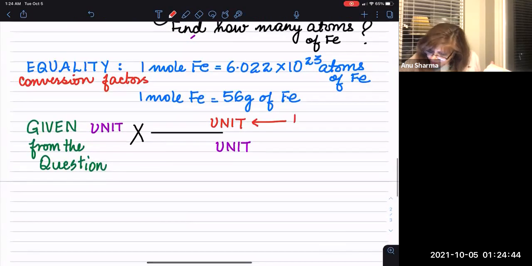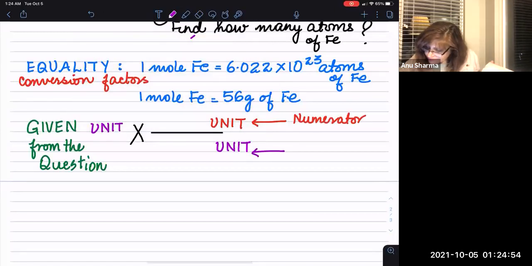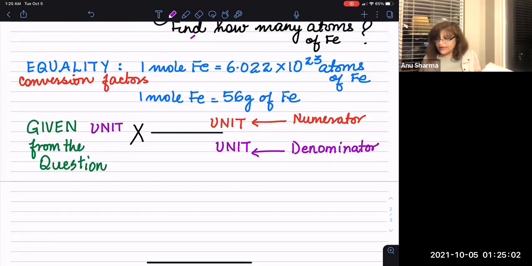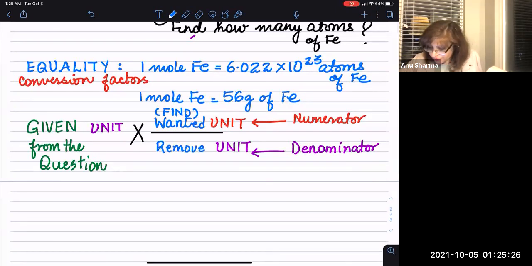The numerator is the unit that you want to keep, retain, and the denominator is the one to get rid of. So the wanted unit, or the one that the question asks you to find, is on the top, and the one that you want to remove is at the bottom.